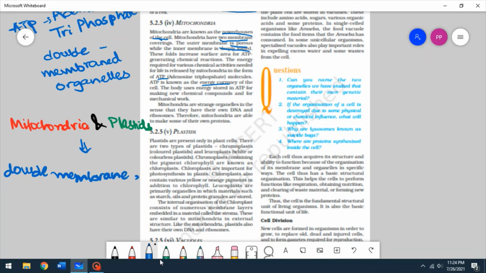Oh, no, they don't both have double membrane. They both have, if this wants to work, okay. They both have their own circular DNA.